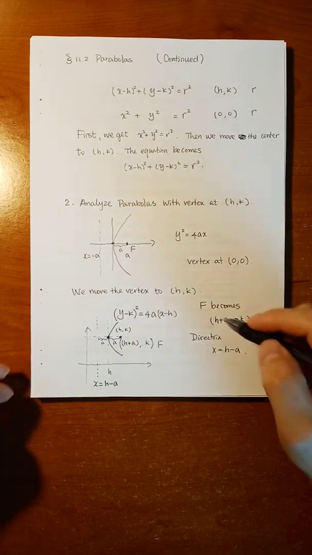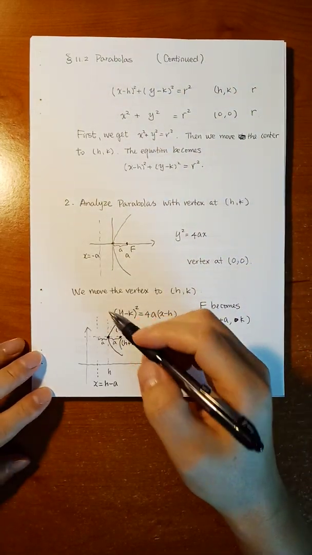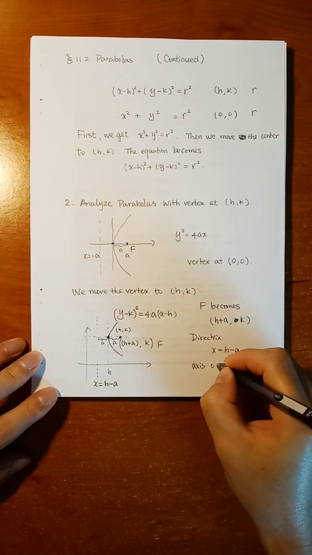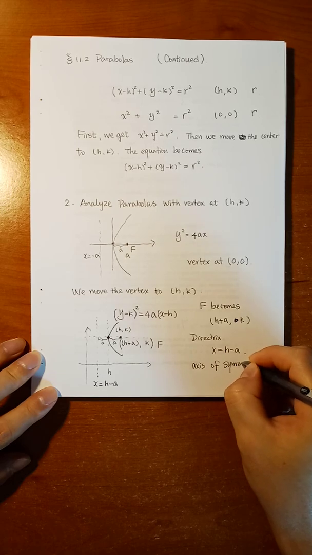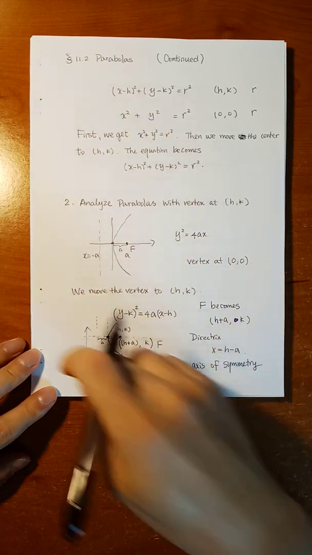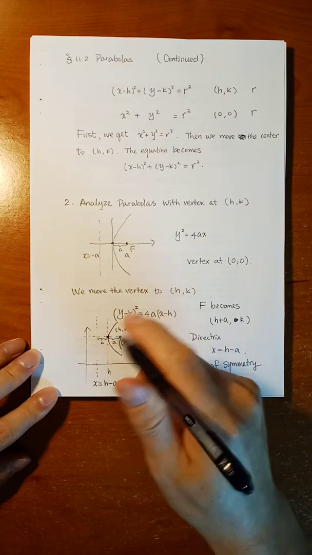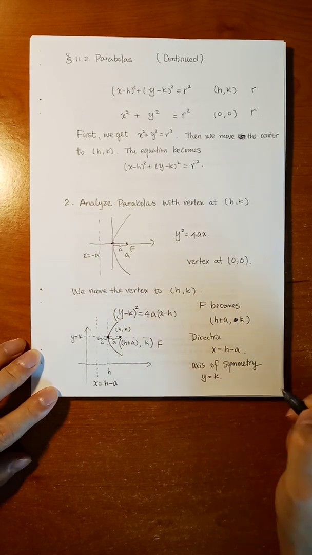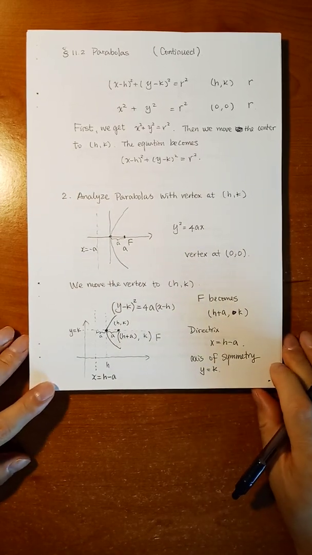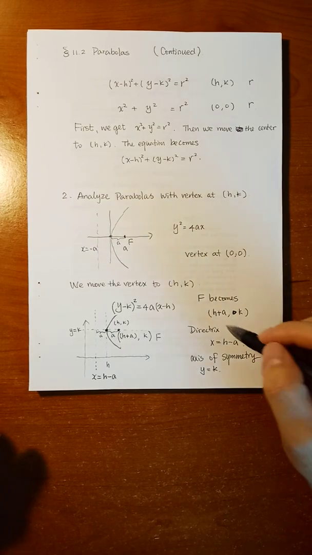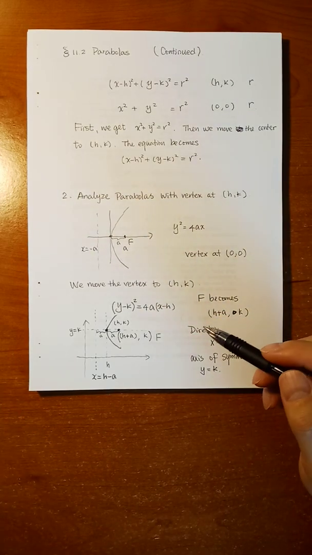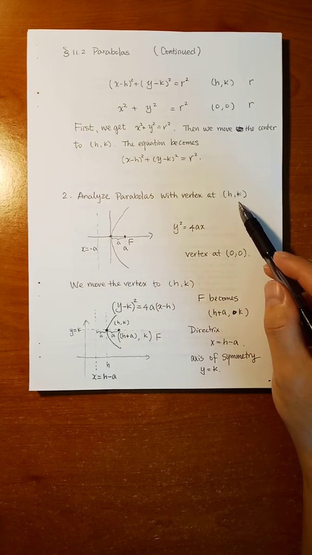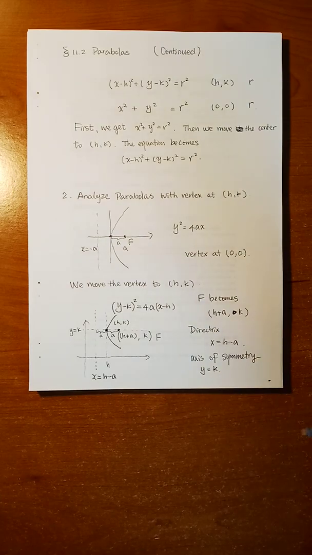So that's the geometry, and the axis of symmetry becomes the horizontal line y equal to k. That's the result after you move the vertex of the parabola to (h, k) for the first standard position.